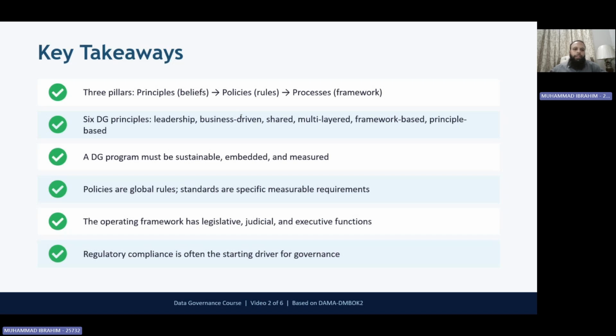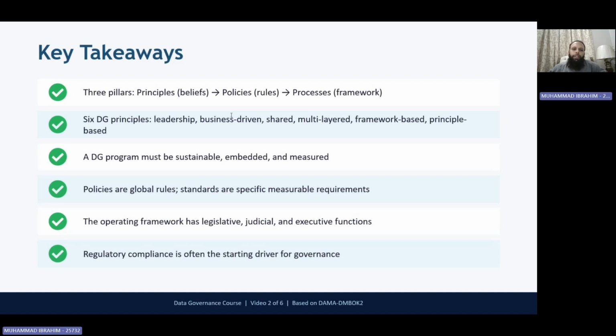So, key takeaways from this video. Number one, data governance is built on three pillars: principles, policies, and processes. Think constitution, law, and government. Number two, the DMBOK defines six core principles: leadership and strategy, business driven, shared responsibility, multi-layered, framework based, principle based. Number three, a governance program must be sustainable, embedded, and measured. It is not a project; it is an ongoing program.